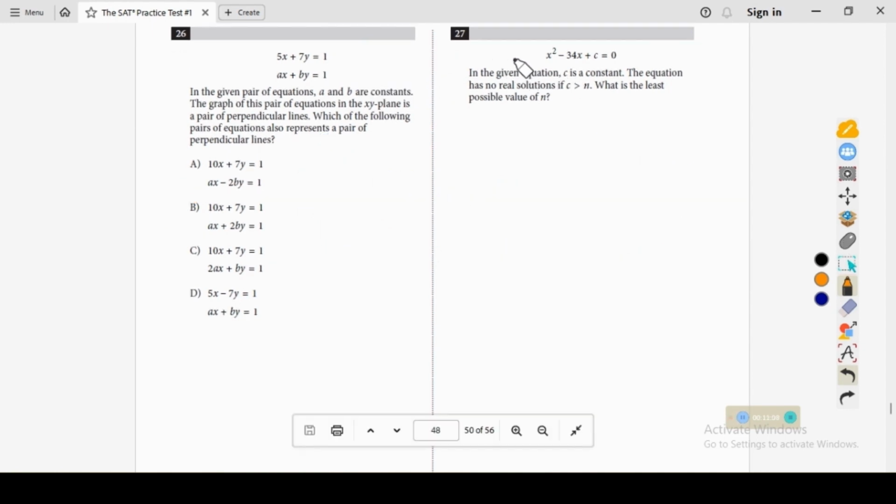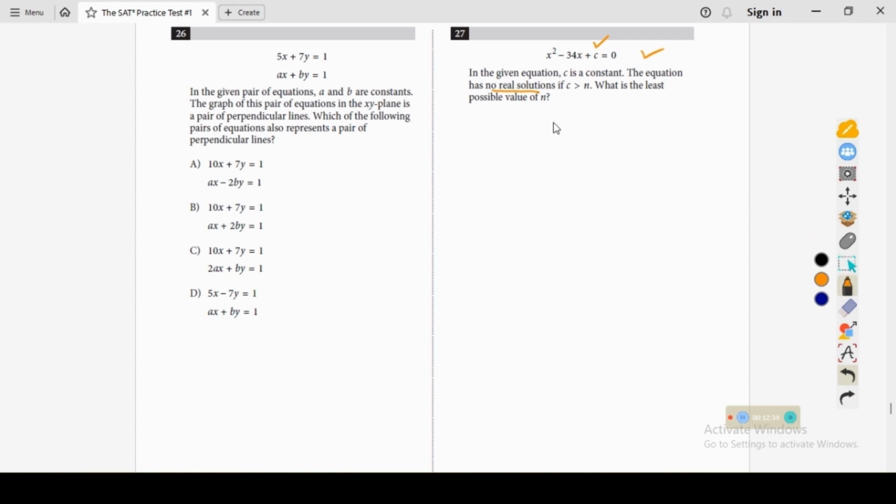In question number 27, an equation is given. The equation is x squared minus 34x plus c equals 0. In the given equation, c is a constant and the equation has no real solutions if c is greater than n. What is the least possible value of n? Since the given equation has no real solution, it means the given equation has imaginary solutions.